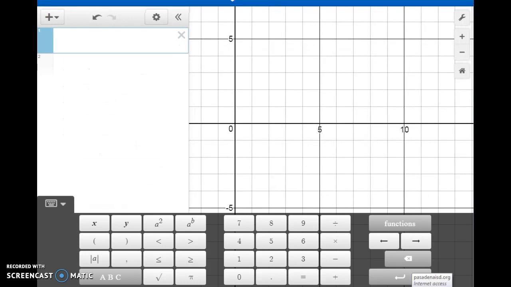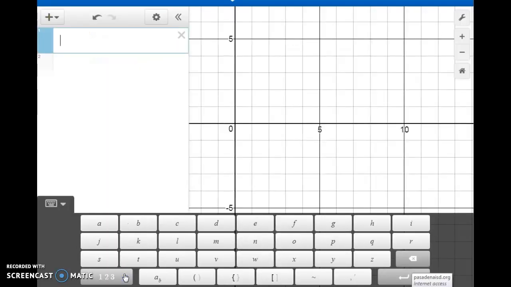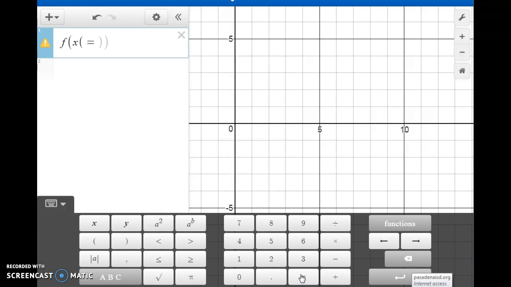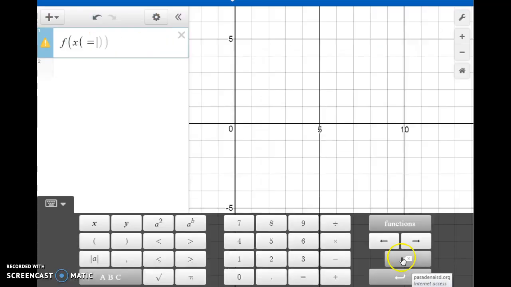So you put in your function, f of x equals 9 times 2 minus x.